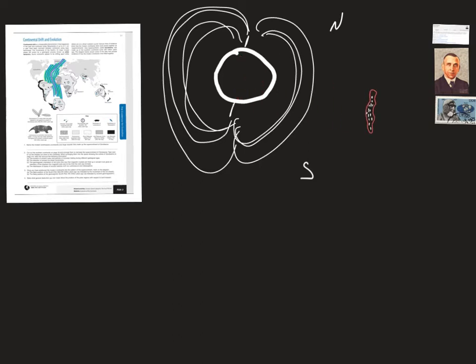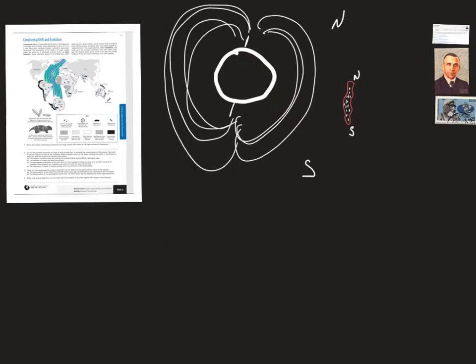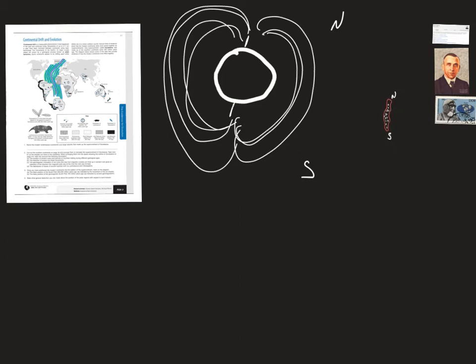If you dug that rock up and put it over that magnetic field device, you get a north and a south that matches the magnetic field lines of the Earth. That made sense to everybody.